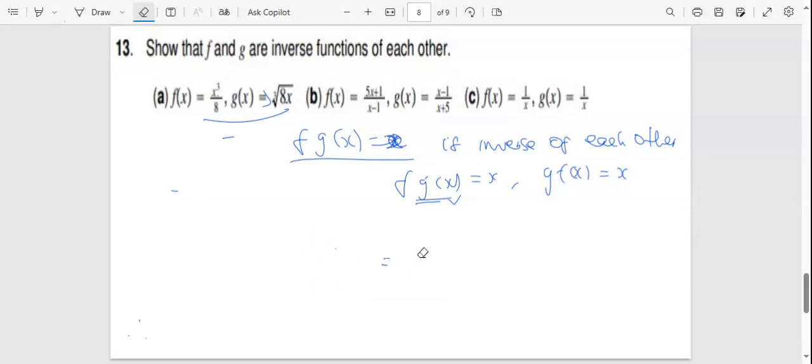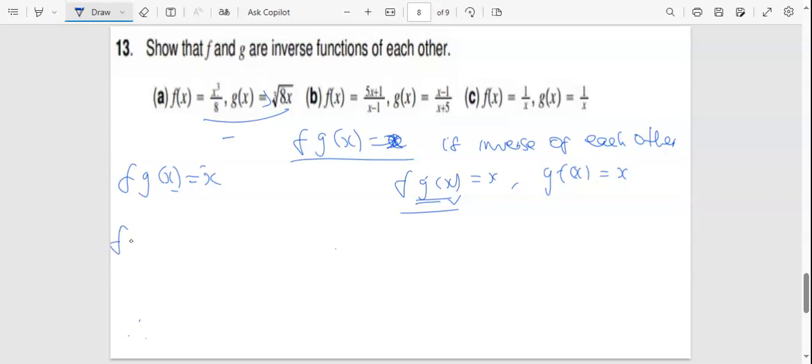So we'll work it out and follow this condition to say f(g(x)) like that should be equal to x. Let's do it. So whenever there's x in f of x, we'll put g of x.